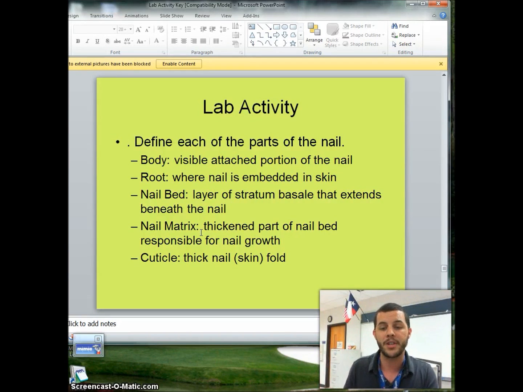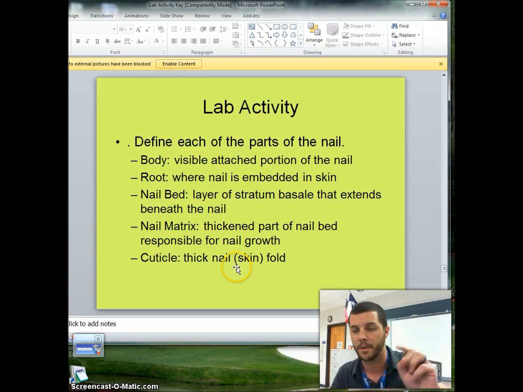The nail matrix is a thickened part of the nail bed that is responsible for nail growth. If you lose a fingernail and the nail matrix is intact, you will regrow another fingernail. However, if the nail matrix is no longer intact, you'll never grow another fingernail again. A cuticle is the thick nail skin fold found around your fingernails.